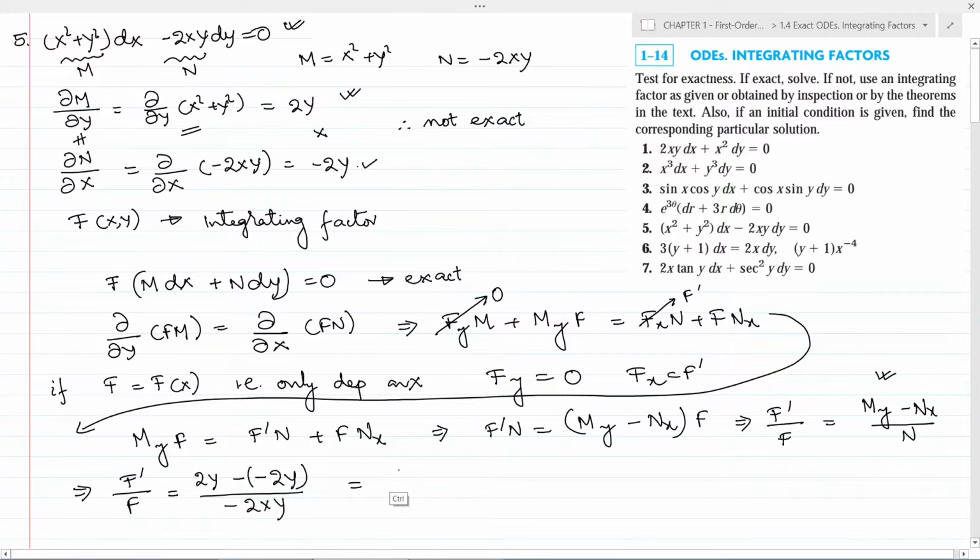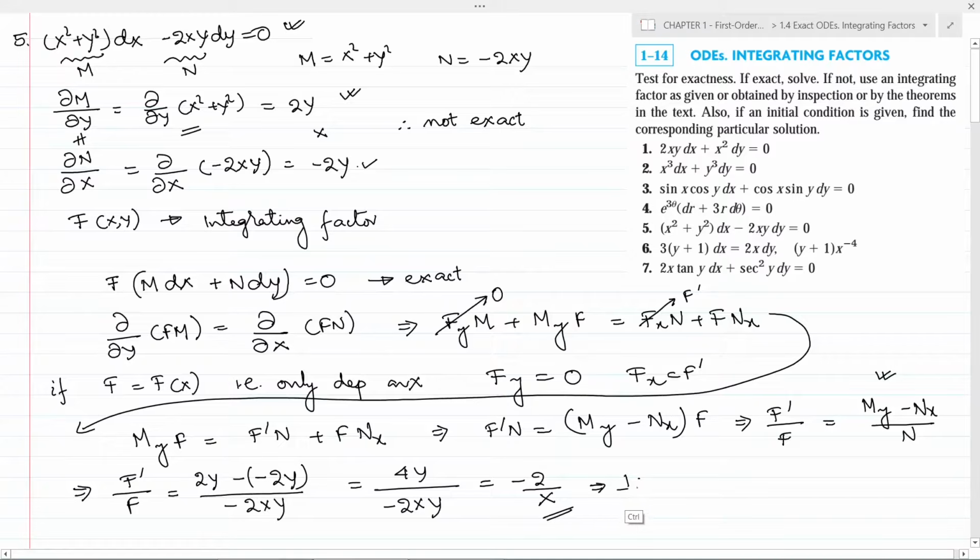This right hand side can be written as 4y divided by minus 2xy. y cancels from numerator and denominator and we get minus 2 divided by x. Now, since this right hand side term is only dependent on x, we can solve this differential equation. We can write f dash is df by dx.